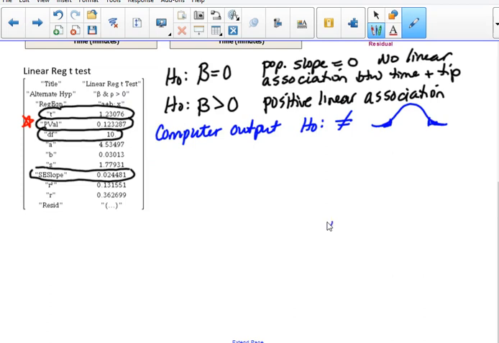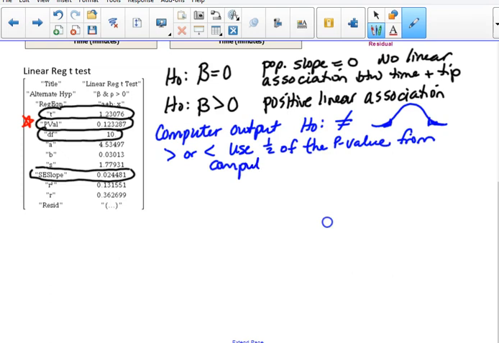So for a greater than or less than, you use half of the p-value from the computer output. So if you're using computer output and you want to do a greater than or a less than test, you'd use half of the p-value, or just do a not equal to test with computer output. But in here I am going to do a greater than test, so I'm going to use my p-value from my calculator here.